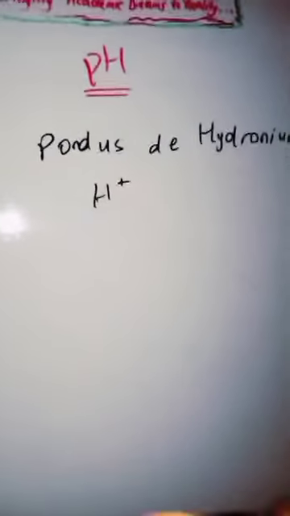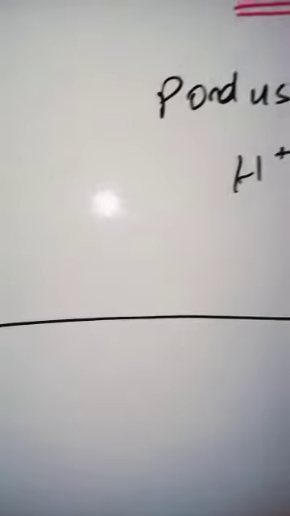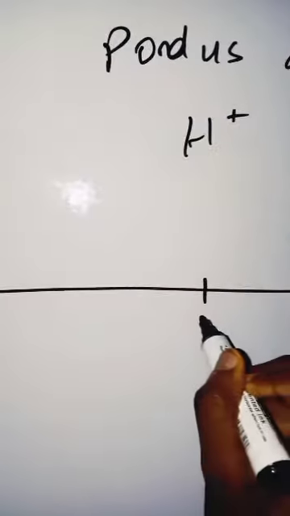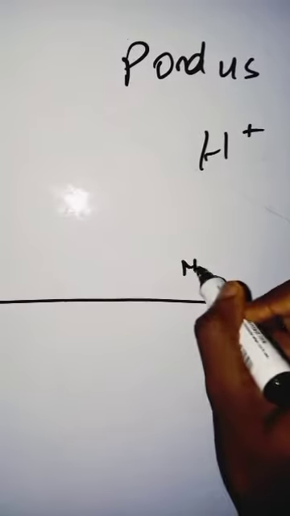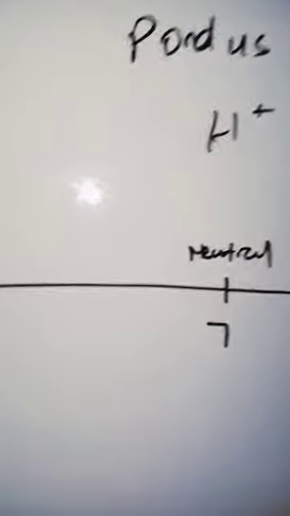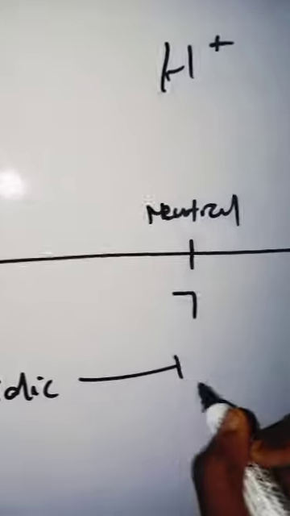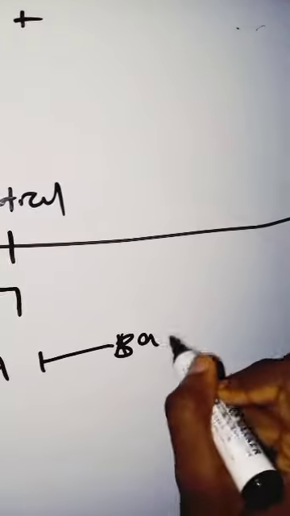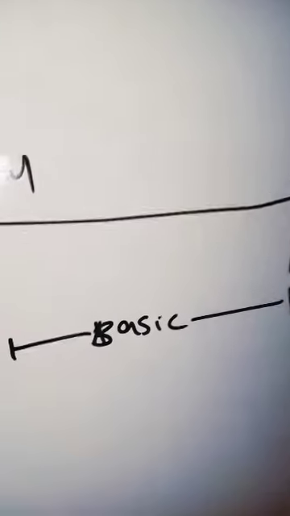Yeah, so this is a pH scale from 1 to 14. This middle is the 7. We call it the neutral. Now at this point, all this place is the acidic region, while from this place to this place is the basic or alkaline medium.